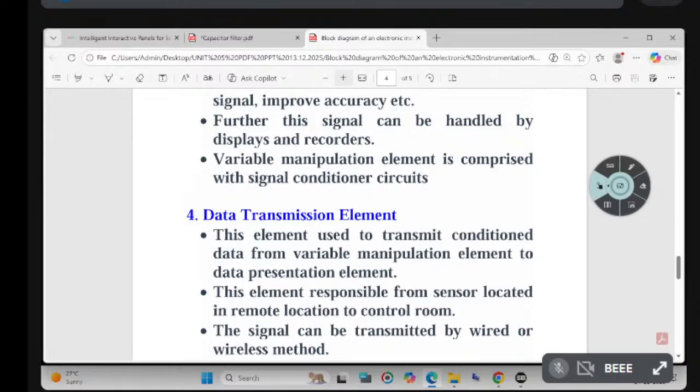The signals can be wired or wireless. The last one is data presentation.